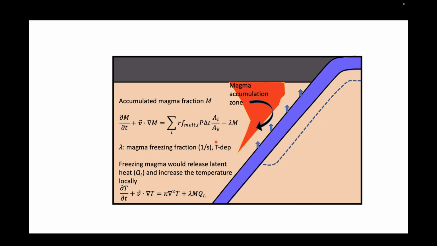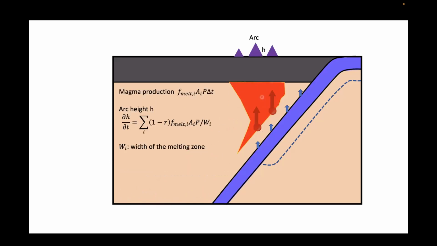And in addition, due to this freezing, the local temperature will be increased by the release of latent heat of the magma. So this region will have a higher temperature due to the freezing of the magma. And besides the temperature effect, some of the magma can go to the surface and become the arc, and so we can generate additional arc crust.